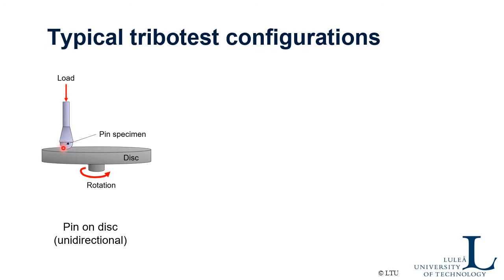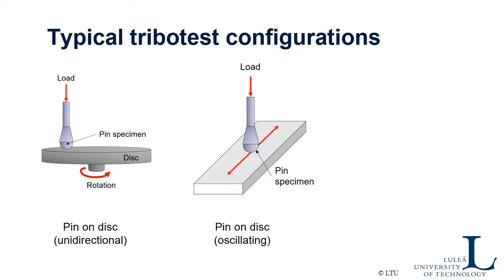It's good to have a spherical geometry, because then you have good control of the contact spot. Well, to some extent, I will come back to that later. And this is a unidirectional experiment, because the disk is rotating with constant speed, so you have the same sliding speed all the time.